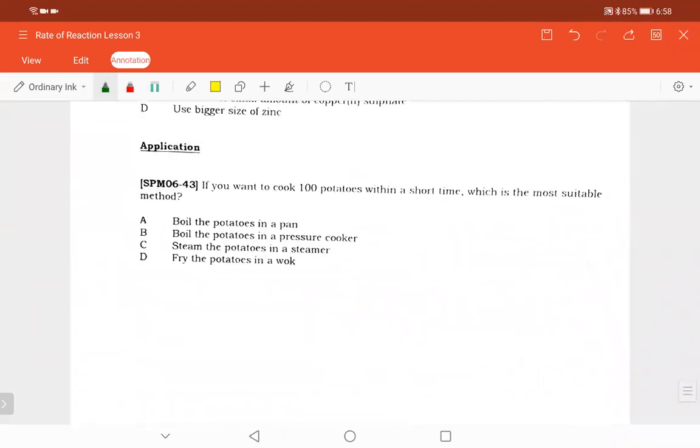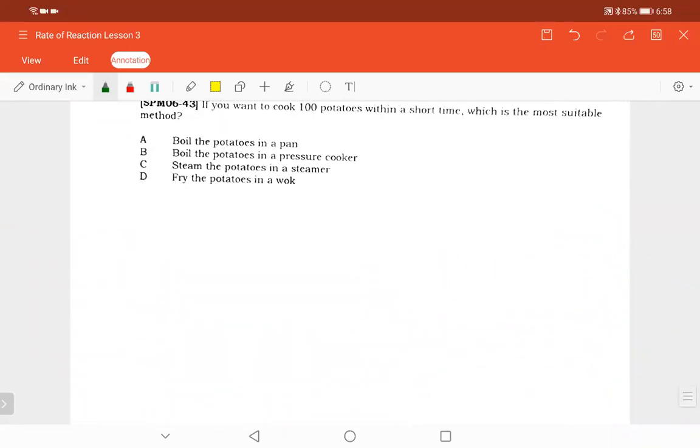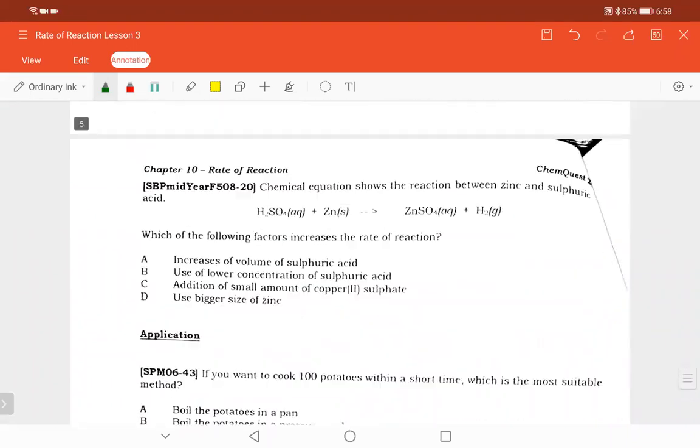Turn to page 32. Okay, page 32, look at the first question on top.